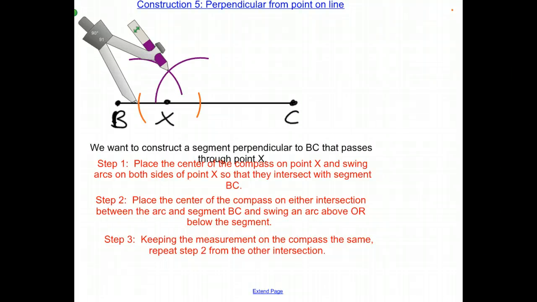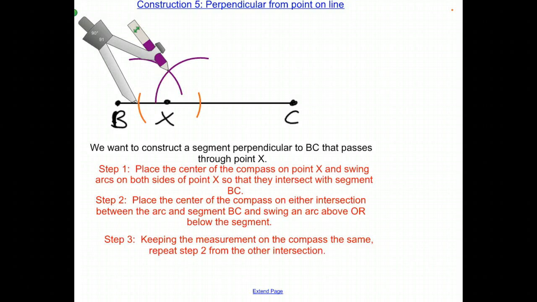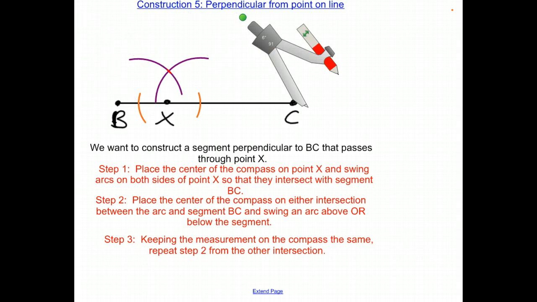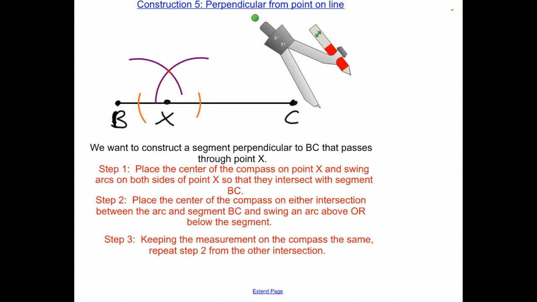Finally, the last step is a little bit of a trivial step. We are just going to take our straight edge and play connect the dots again. We're going to connect point X and the intersection where these 2 arcs intersect, creating a segment between those 2 points.